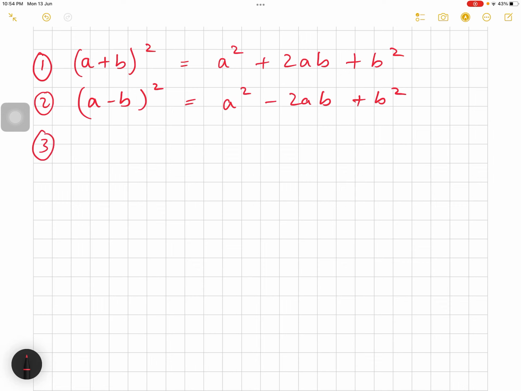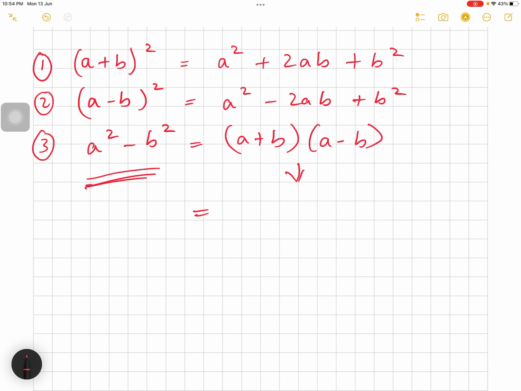The next formula is the third one. A square minus b square is equal to a plus b into a minus b. So if you simplify this, finally you will come to this. If you want to do it, you can do. See, a into a minus b plus b into a minus b.